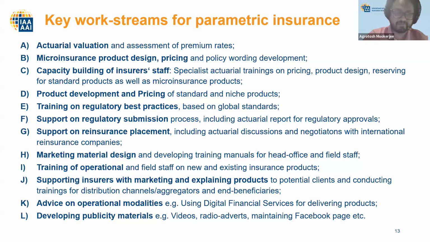Thanks a lot, Elias. Yeah, so very pleased to be here. My name is Agrotosh Mukherjee. I'm basically an actuary from the UK Institute of Actuaries. I started my career in the mainstream actuarial sector, which seems a lifetime ago.